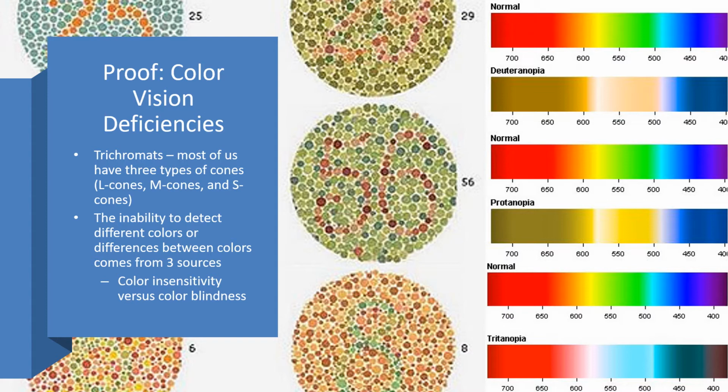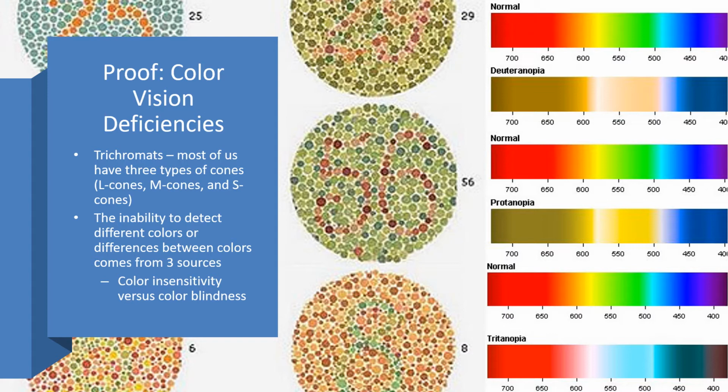This led some researchers to call most individuals who see the visible light spectrum trichromats, and it led others to suggest that there could potentially be some that fit into one of 3 groups. I guess technically there's a 4th group, but primarily one of 3 groups where these people could not see the visible light spectrum. They started to describe these visual deficiencies or visual insensitivities, depending upon the person, deuteranopia, protanopia, and tritanopia.